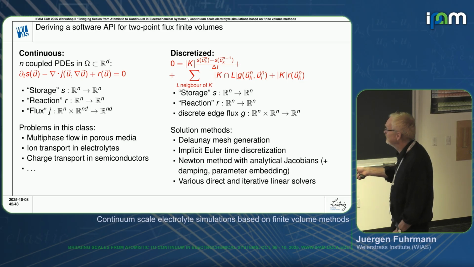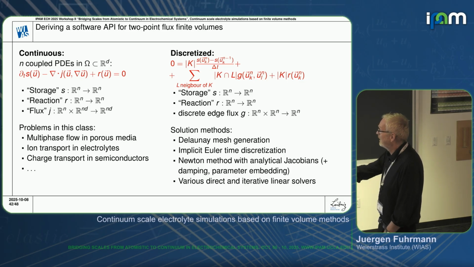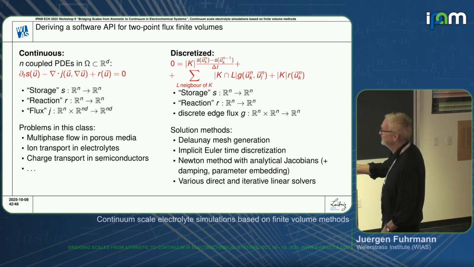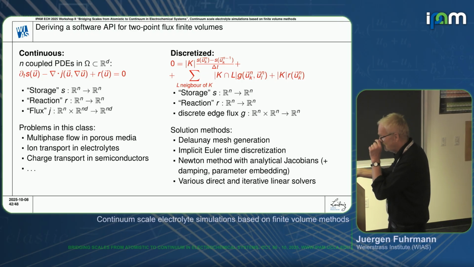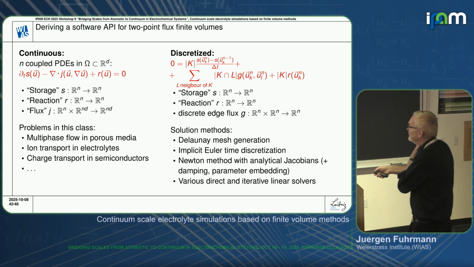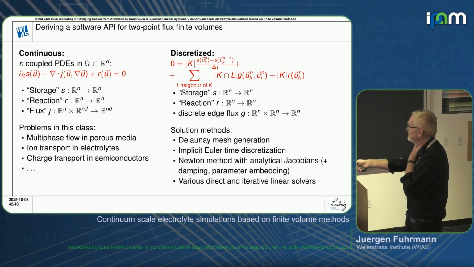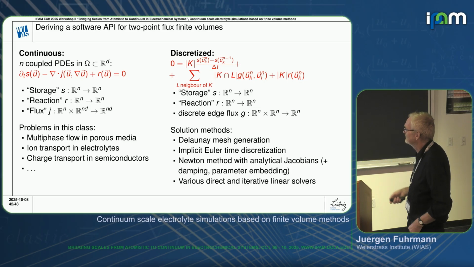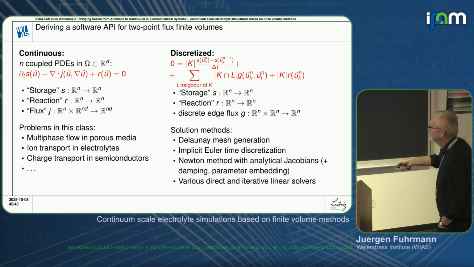We just have our storage terms and our reaction terms as functions in our model, and we just have the fluxes between neighboring control volumes as another function, which then depends in this case on these two variables. And this would be just the discretization of our system. So this describes a system of n coupled species. Yeah? And then we can solve this.